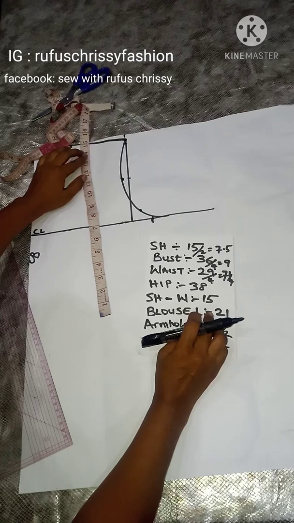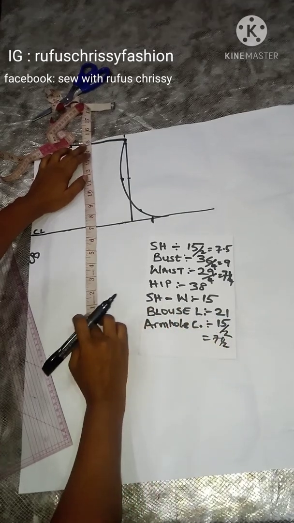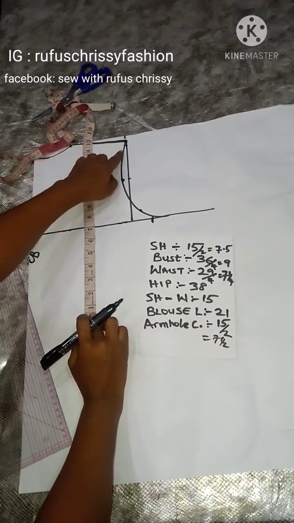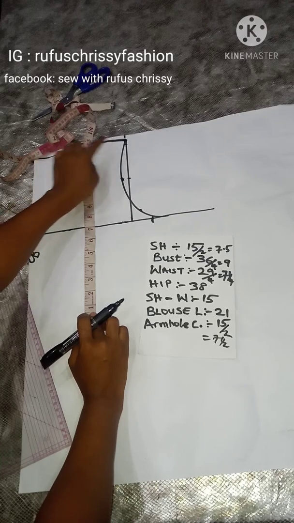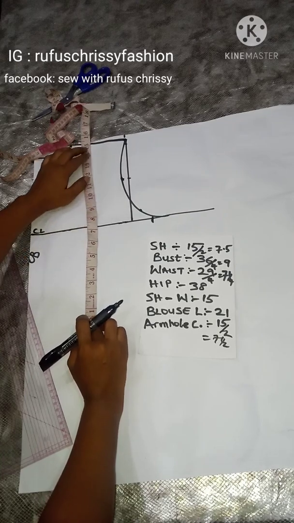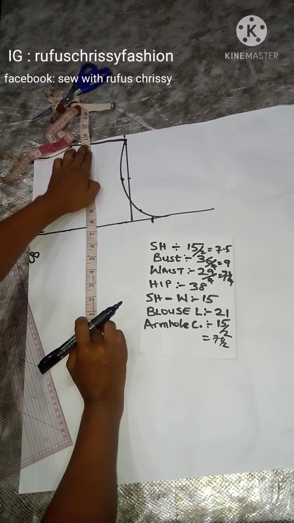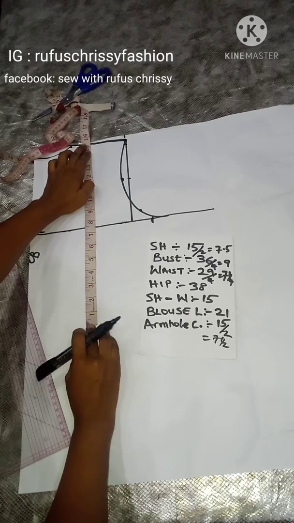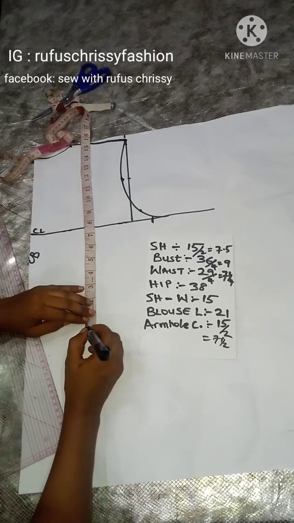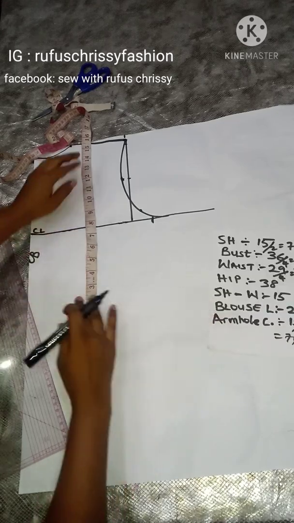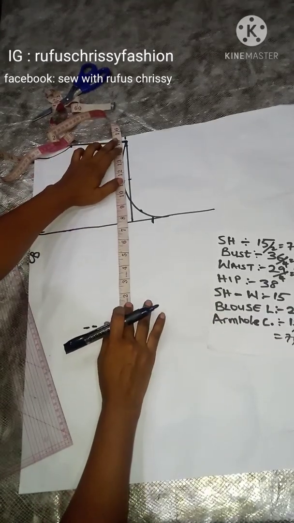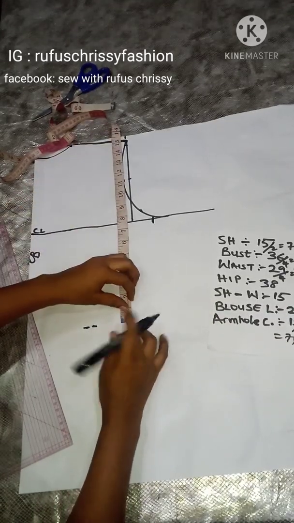So from here downward, I'll be adding ½ inch to it because we're still going to join the shoulder. That is why I'm adding ½ inch. So I'm starting from the tip of the paper, 15½. I'll be marking 15½, like so, and make sure that I roll it across.